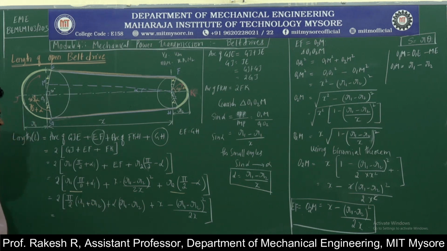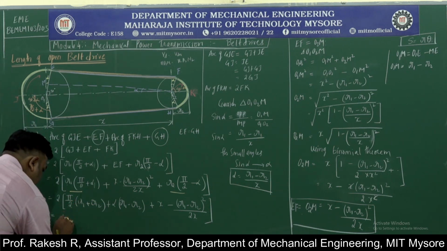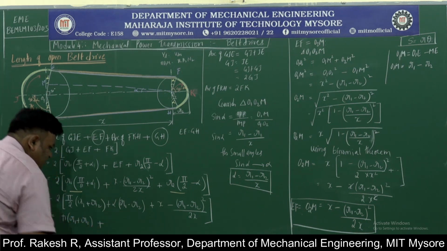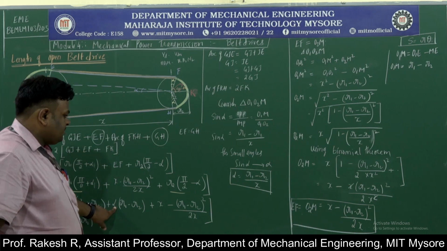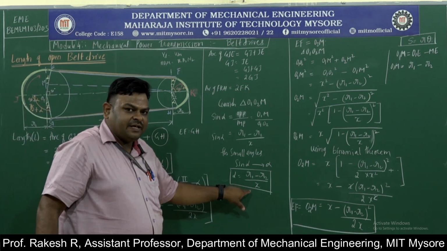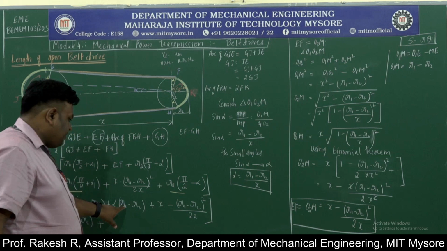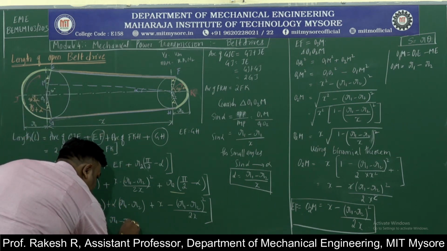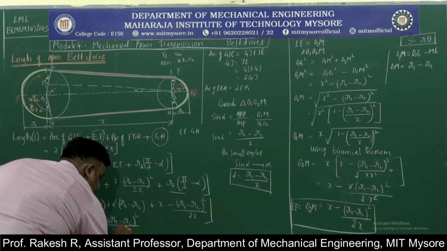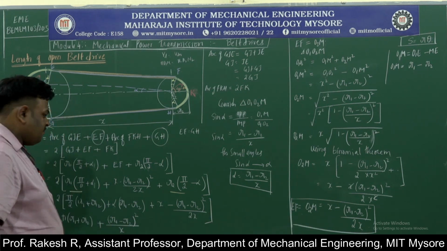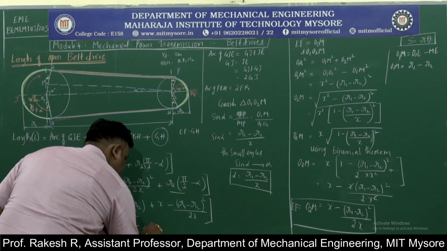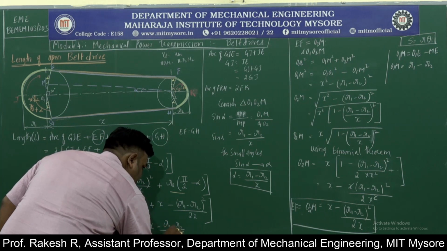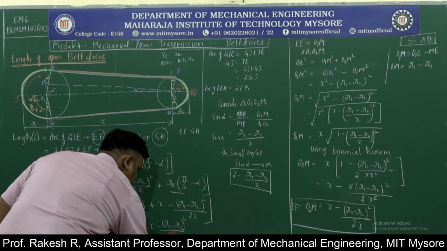I will multiply with 2. Then what happens? Pi into r1 plus r2 plus, what is alpha? Alpha is nothing but r1 minus r2 by x. So r1 minus r2 into r1 minus r2 is r1 minus r2 whole square divided by x plus x minus r1 minus r2 whole square divided by 2x.